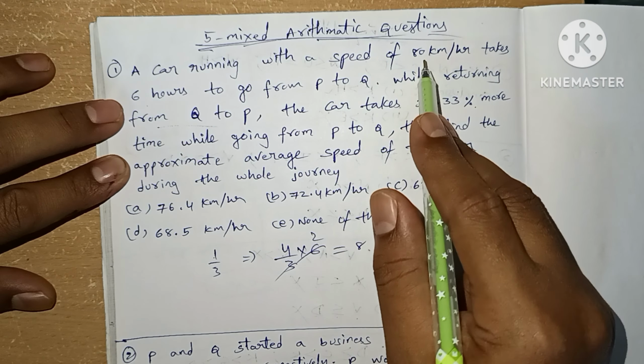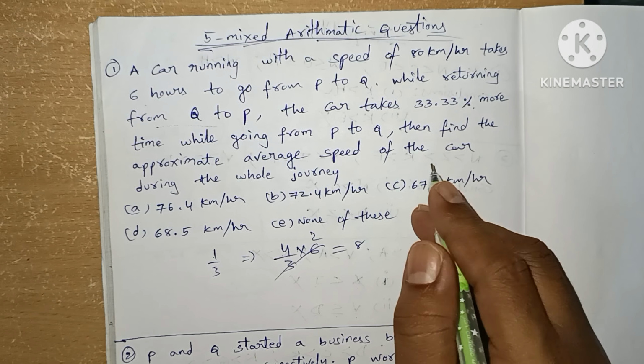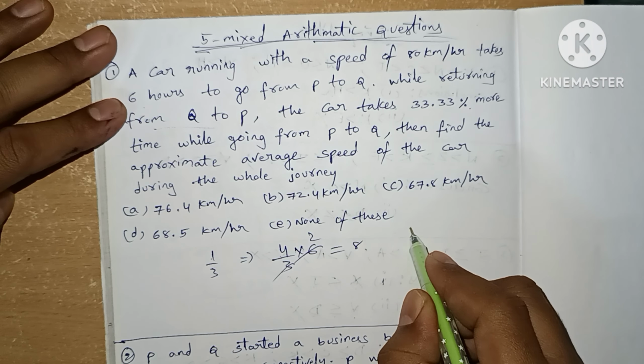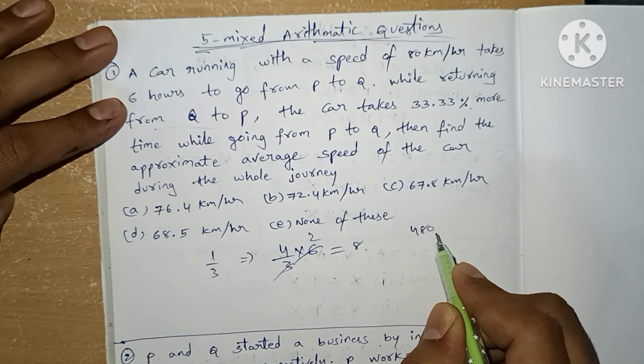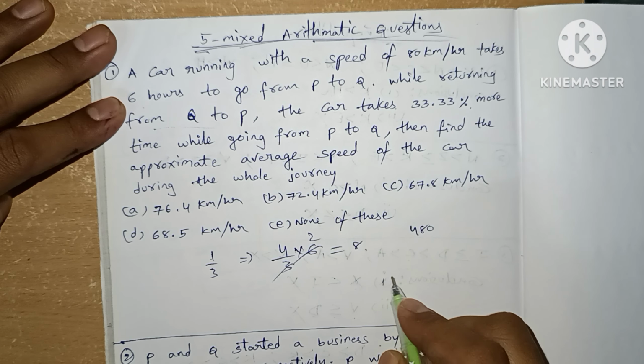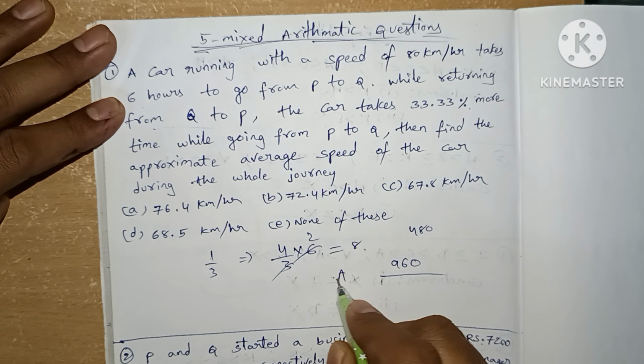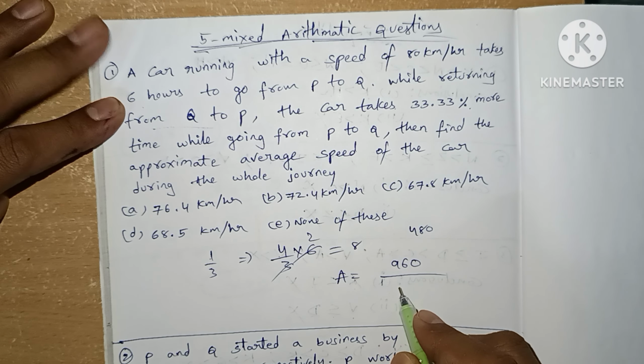P to Q total distance will be 80 into 6 times, which is 480, and Q to P is also 480. Total 960 is the total distance. Average is equal to total distance divided by total time.